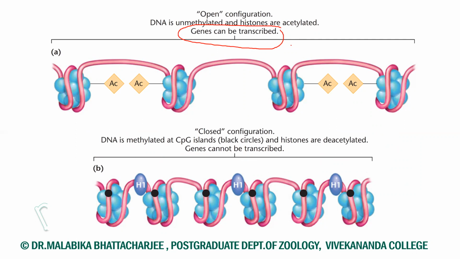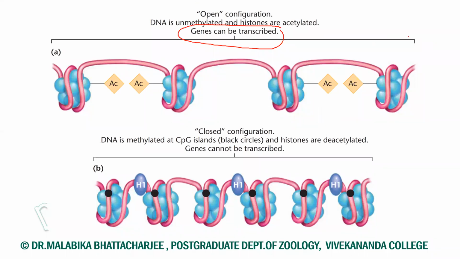So you see, these are two modifications in the structural portion of the DNA that actually allow a gene to be transcribed or prevent a gene from transcription. We did the methylation part. Now let's move on to what happens when histone is acetylated and histone is deacetylated. What happens we are seeing here.